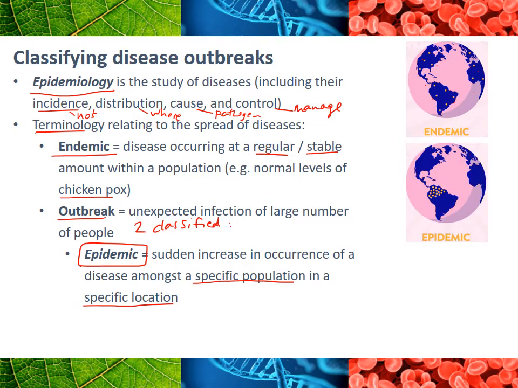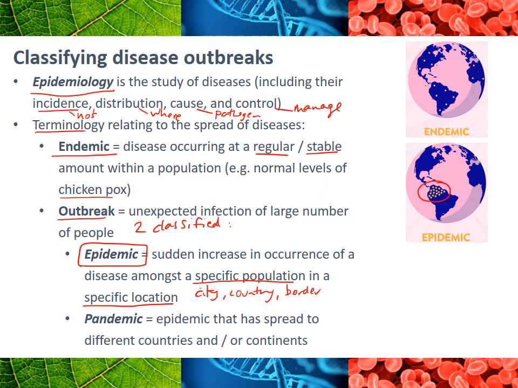Okay, so if we look at this map, if we had a big outbreak in one area, it could be in one city, it could be in a country, it could even just be on the border of a couple of countries, but it's very localized. That is an epidemic.